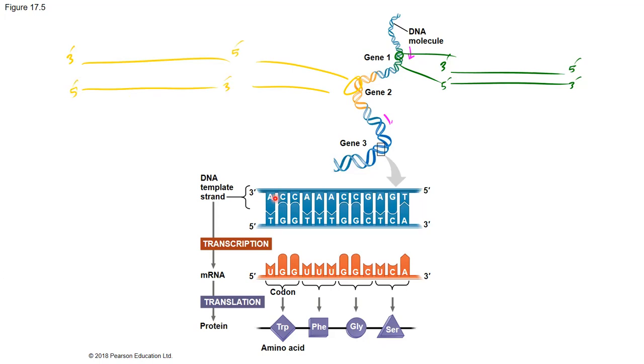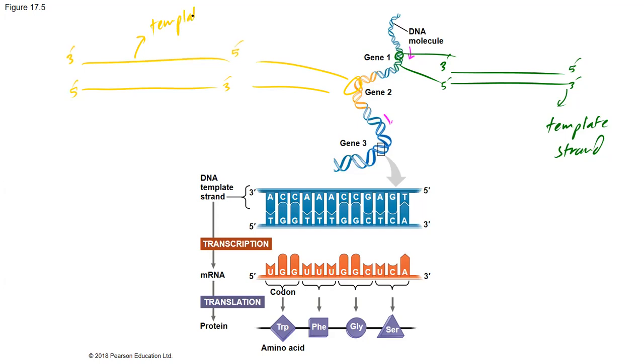So in this example, for the blue gene, the top strand was used as a template. But maybe for the green gene, it's the bottom strand. For the yellow one, maybe the top strand is the template strand.